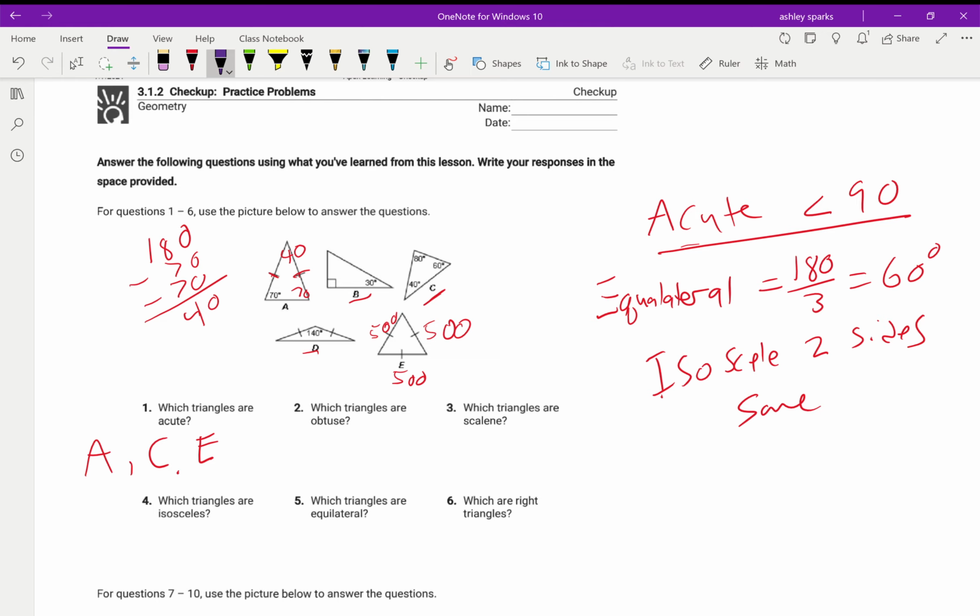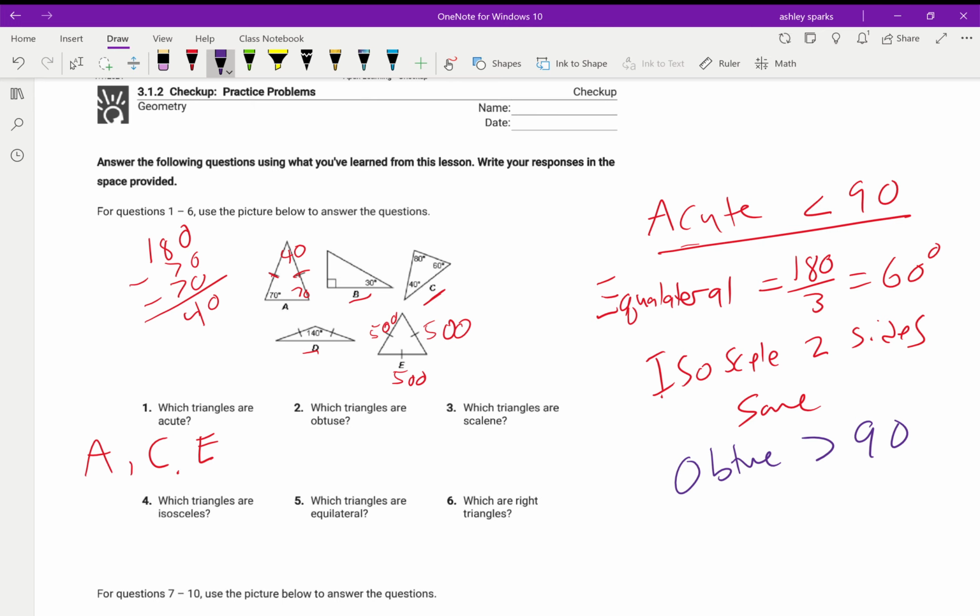The next question asks about obtuse. Obtuse means that something is greater than 90. A triangle cannot be both acute and obtuse. They are exclusive. So I already know that A, C, and E cannot be obtuse. You could also just look back over them. 40, 90, and 70. 40, 70, and 70.